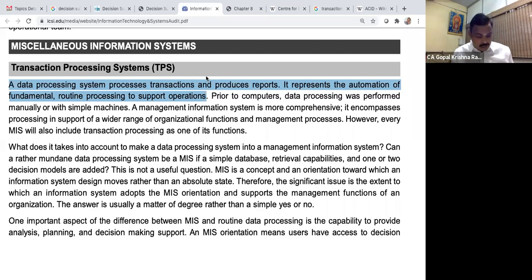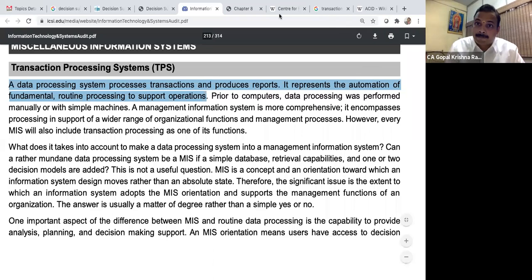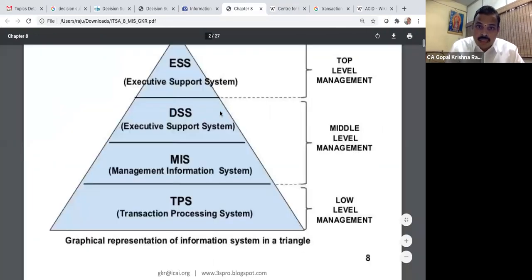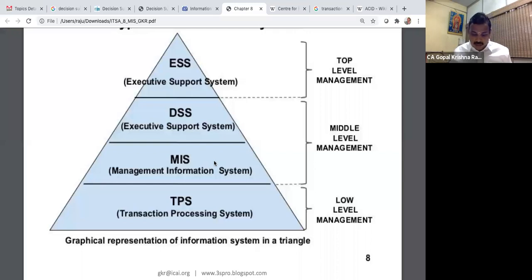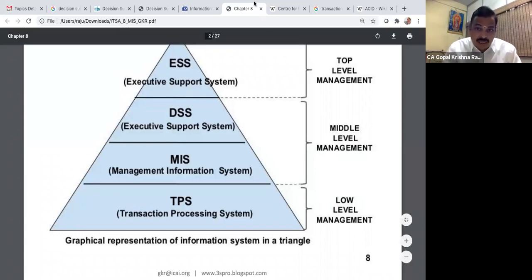Now I'm taking you to the next one. That is called MIS and DSS. MIS and DSS. Okay. After that, we'll go to ESS, then expert system, artificial intelligence, all those stuff. Now, MIS is very interesting. Actually, this chapter is MIS.